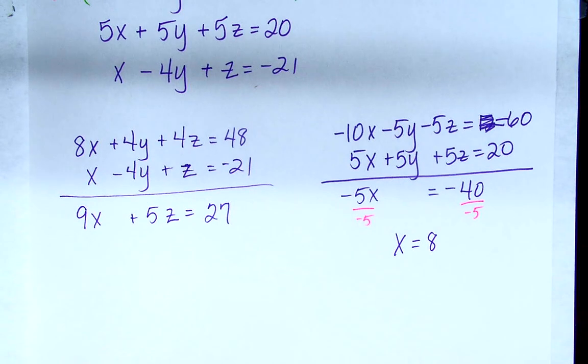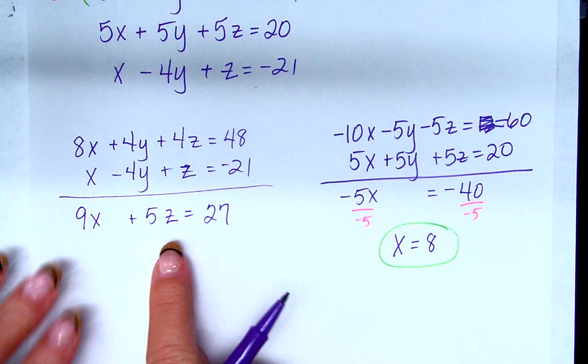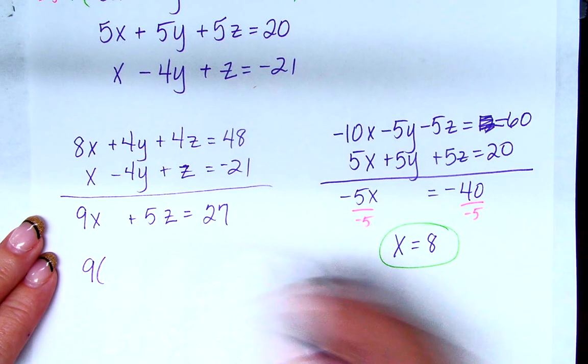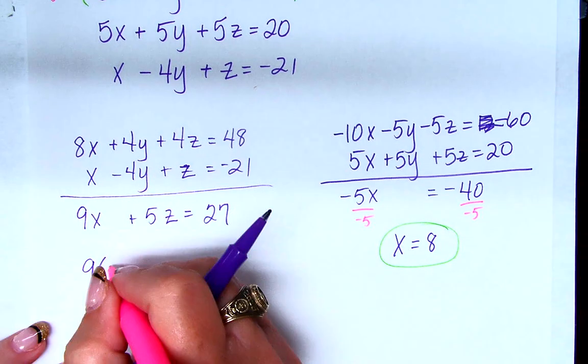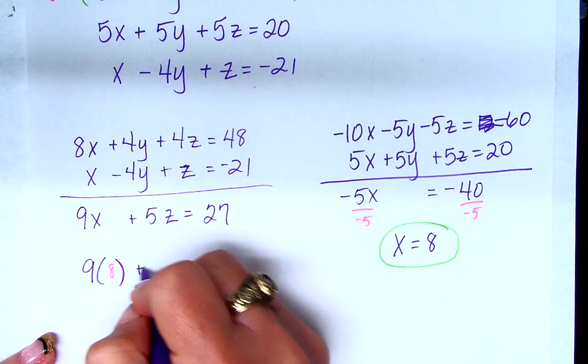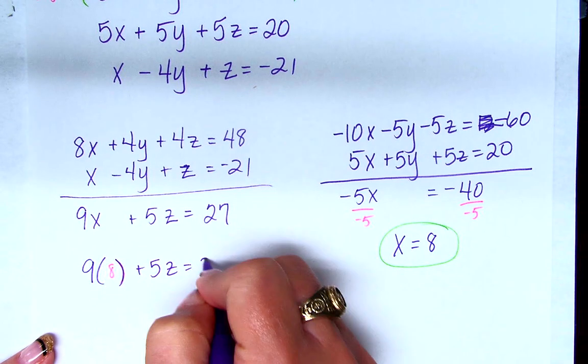So now that x equals 8, now what? You plug it into 9x. Oh, so just right over here? Yes. Okay, so 9 times 8 plus 5z equals 27.